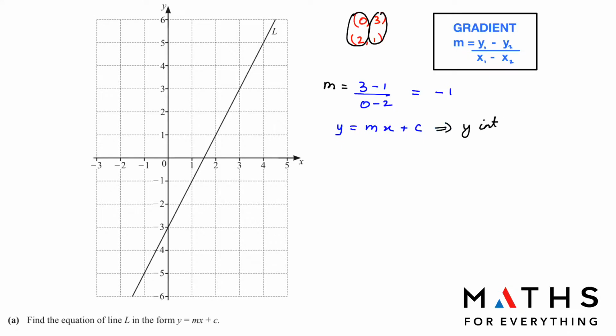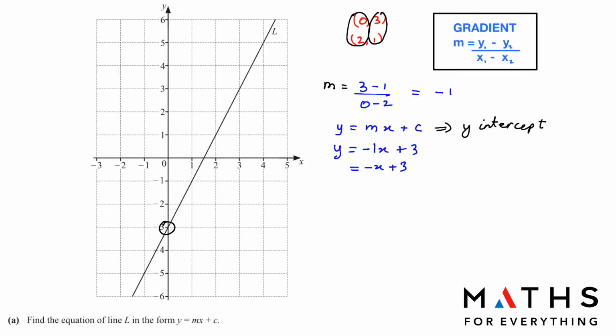It means that point where it cuts the y-axis. So 3 is the y-intercept. We can directly write it as y is equal to, what is your m? -1. And c is 3. But we don't write -1x, we write negative x plus 3. This is if the y-intercept is given to you.